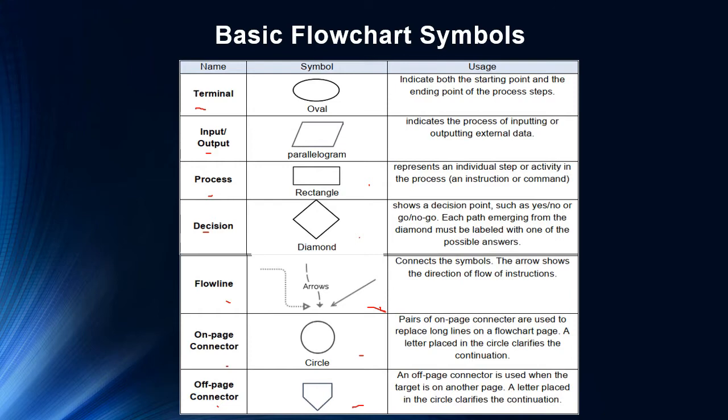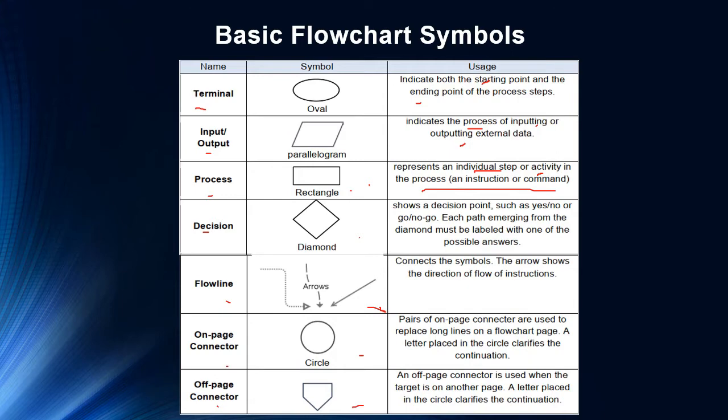So the terminal or oval indicates both the starting point and the ending point of the process, start and end. The input-output or parallelogram indicates the process of inputting or outputting external data. The process or rectangle represents an individual step or activity in the process, such as an instruction or command.